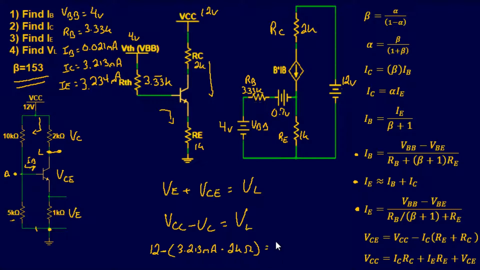Plug and chug that in our calculator is going to give an answer of 5.574 volts. So all I did was find our voltage drop right there, which is 6.426 volts. And then the remaining voltage between here and here is 5.574 volts. That's all I did. If we want to find our load voltage, it's 5.574 volts.